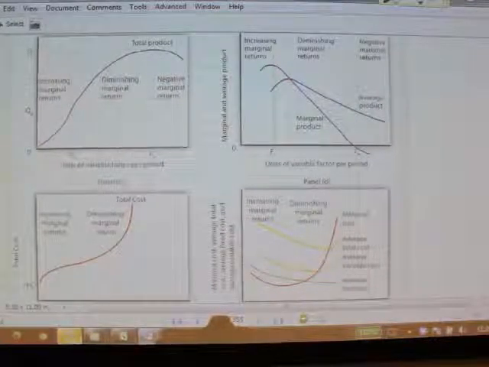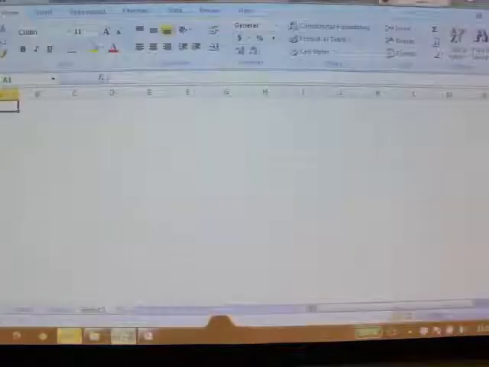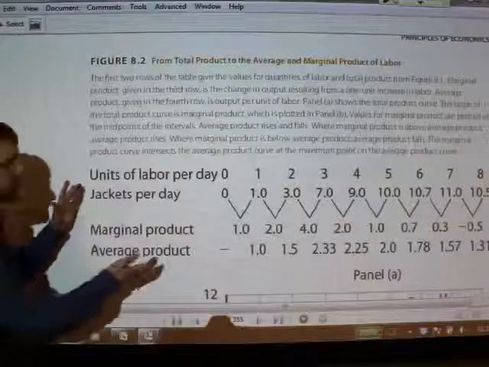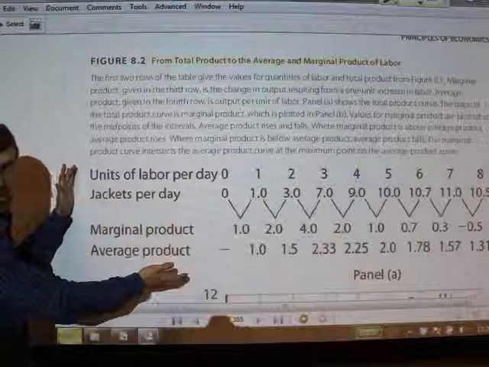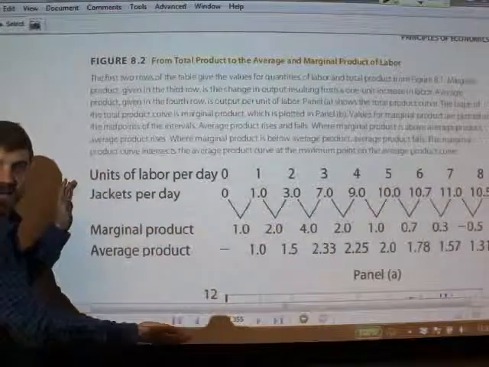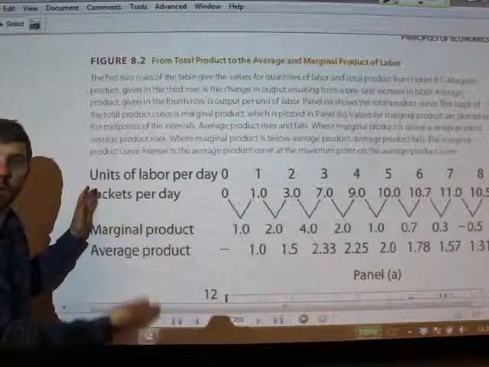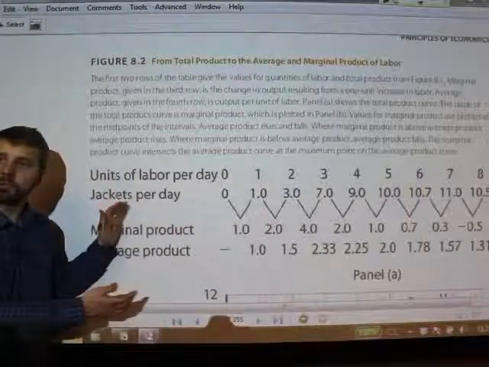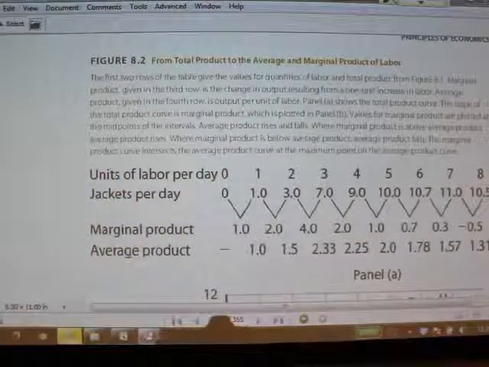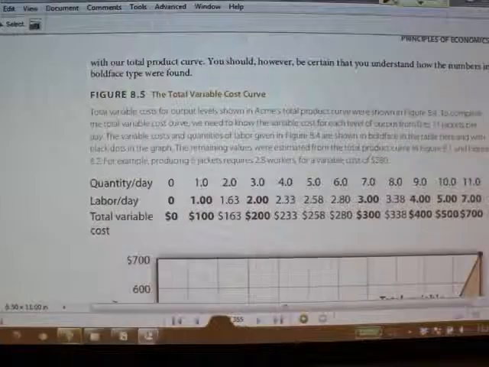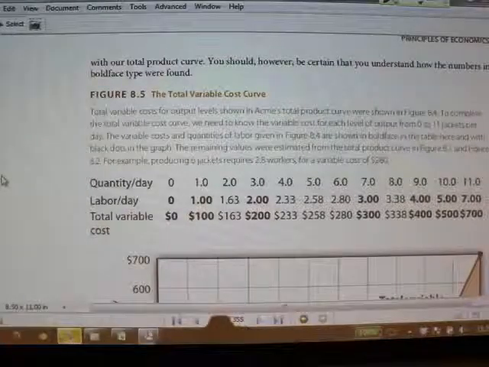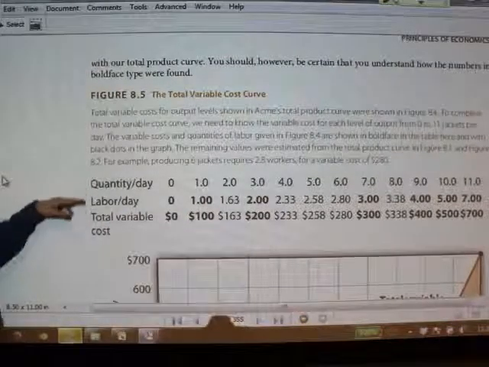Okay, so the last thing we'll do here is look at this example in Excel. The data we need would be this production function data combined with the cost of labor and the cost of the fixed inputs. But we've already done that on paper, so I'm going to jump ahead to figure 8.5. So we have total variable cost at all units of output.